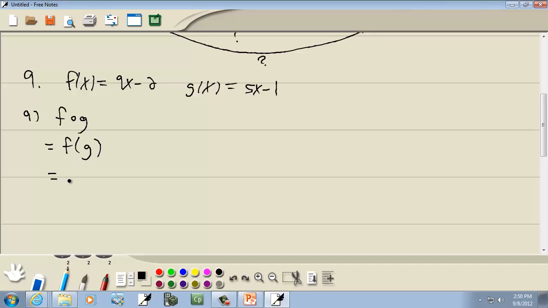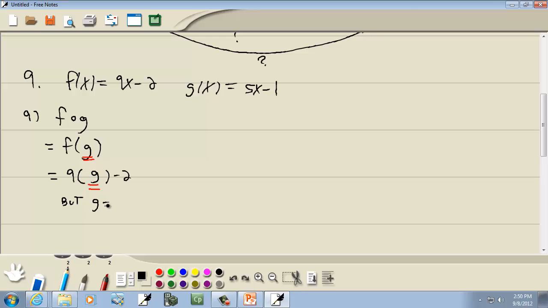Now, this is like evaluating a function. So if you think about how you evaluated a function, everywhere you had an x, you put in parentheses. So we're going to take our f of x, which is 9x minus 2, and everywhere I have an x, I'll put in parentheses. Now, if you remember evaluating functions, whatever is inside the parentheses is what goes in there. So we're going to put g in there.